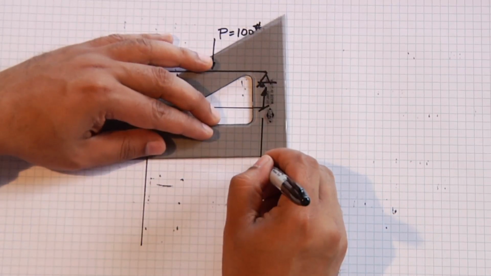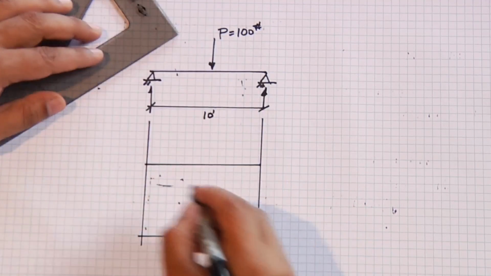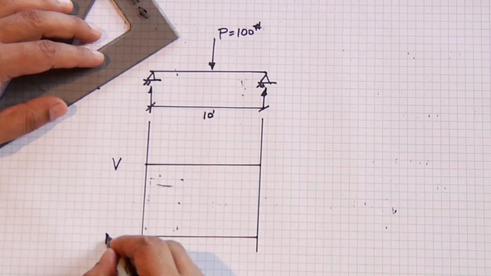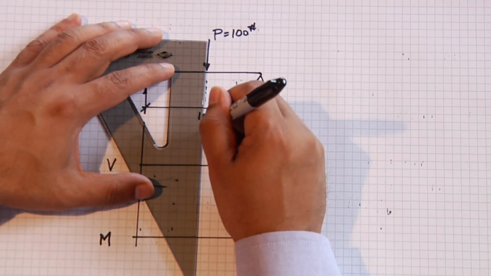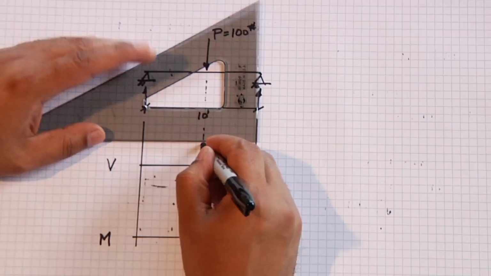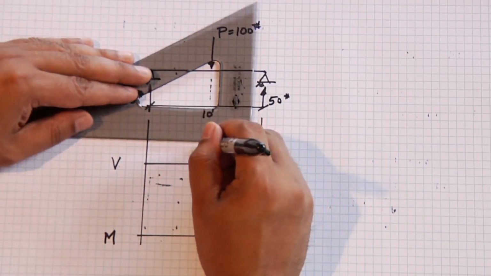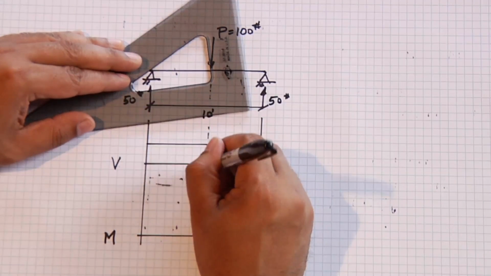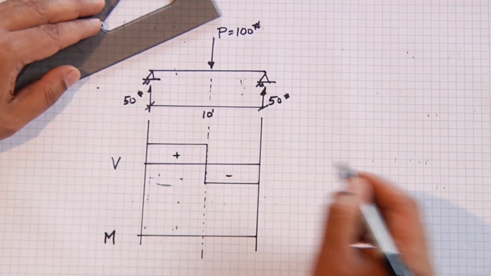And we draw our lines below that, one for the shear diagram, one for the moment diagram. The shear diagram, we talked about it last time, so I'm going to draw that in here. We did this in the previous module, so I'm going to skip over that. But as you may recall, our reactions are 50 pounds and 50 pounds. And our shear diagram is an even split between positive shear and negative shear.